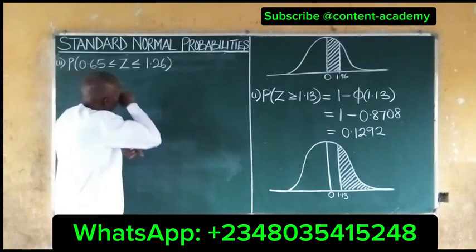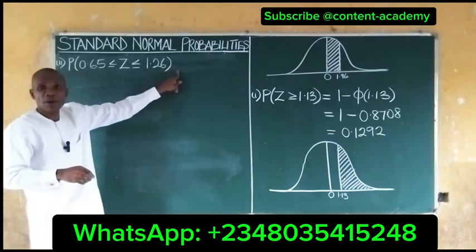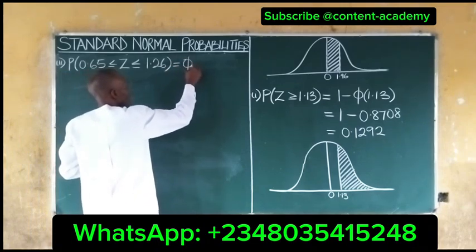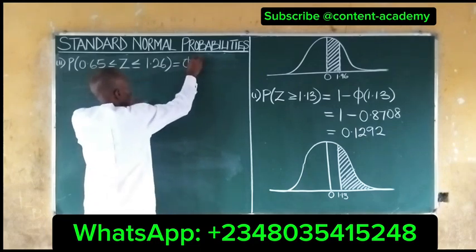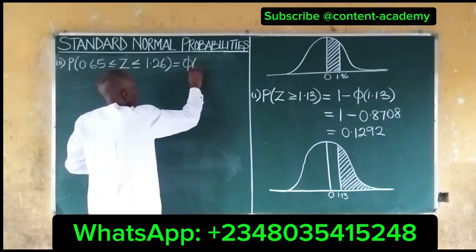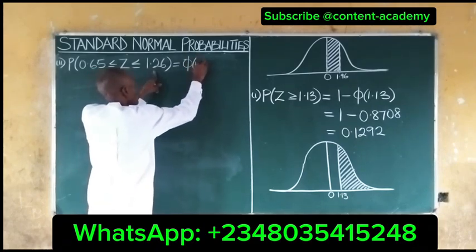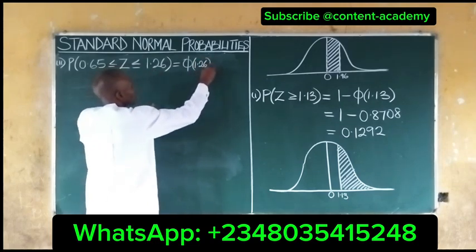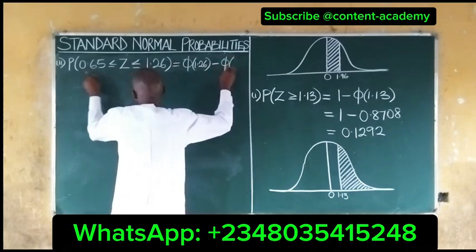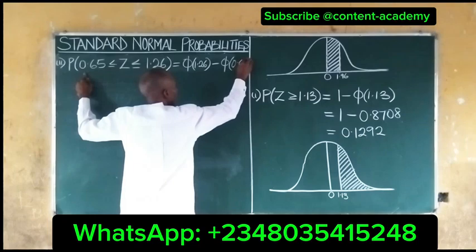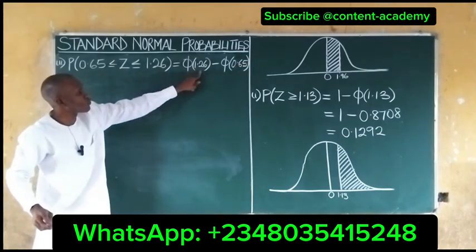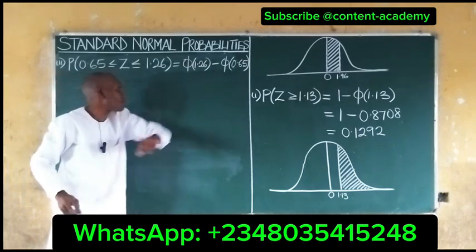Now, from the properties of standard normal probabilities, if you have a bound, we will have phi 1.26 minus phi 0.65. So phi z2 minus phi z1, that is the meaning.